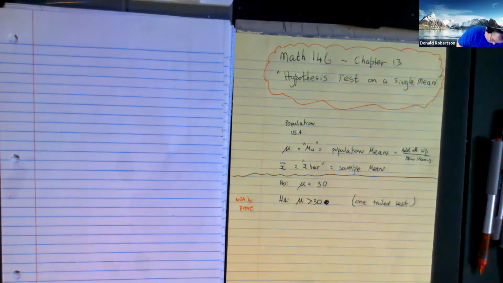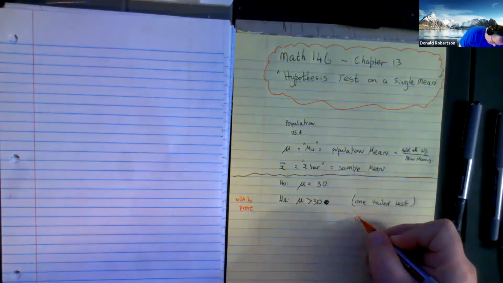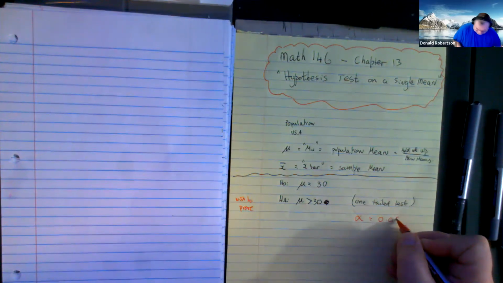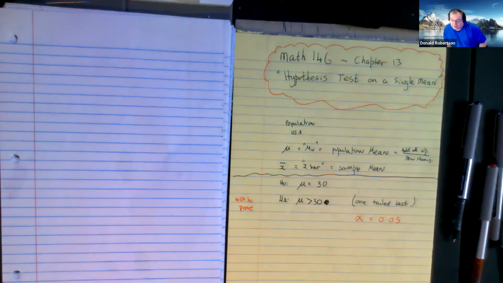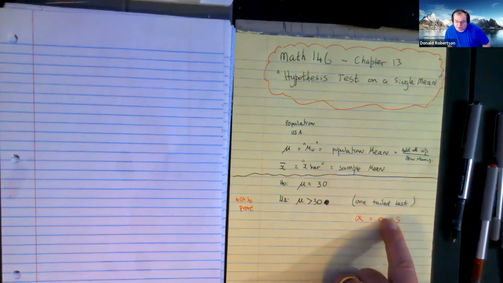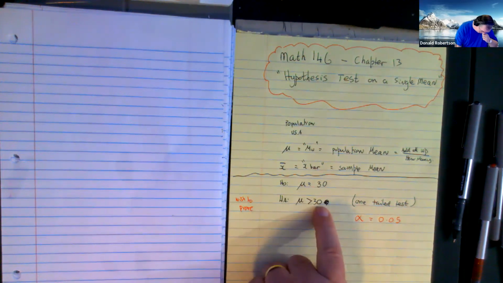We will have, just like in the other case, a significance level. Let's say its significance level alpha is 0.05. Now you notice that's a decimal, always has been, always will be. These will be nice numbers, typically not decimals.